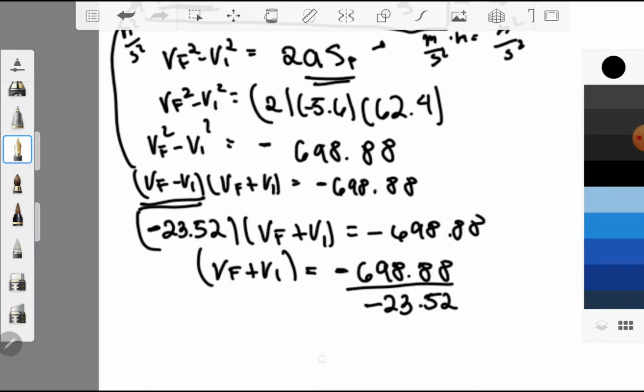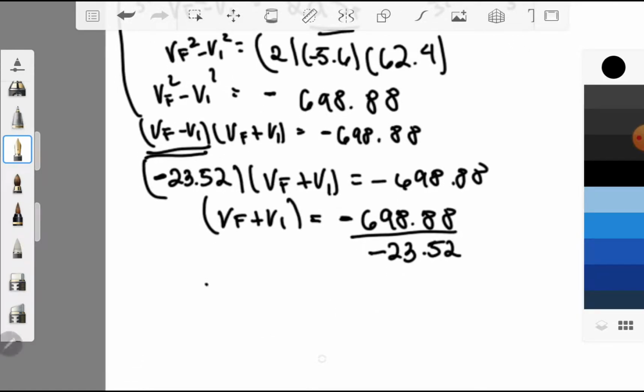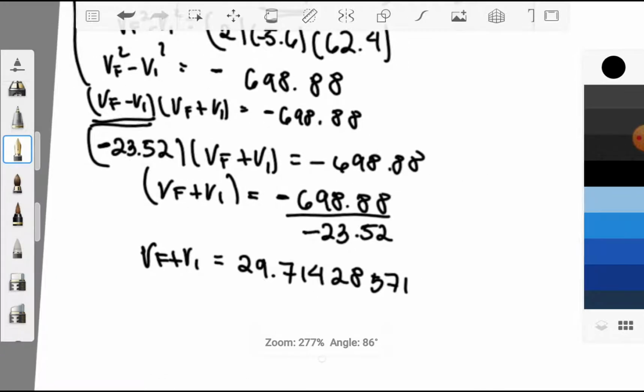Tama? We will have a value equal to positive 29.71428571, or store at A. Okay? Stored at A.